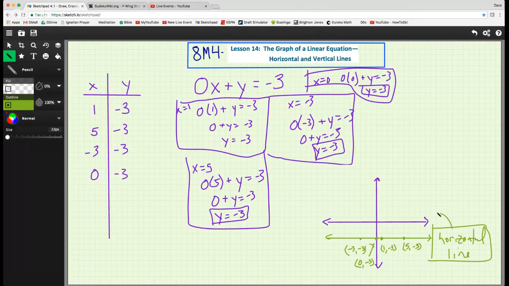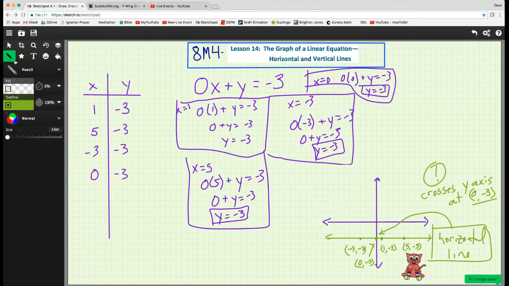It crosses the y-axis at 0 comma -3. Right here. That is cool. That's worthy of a happy cat.